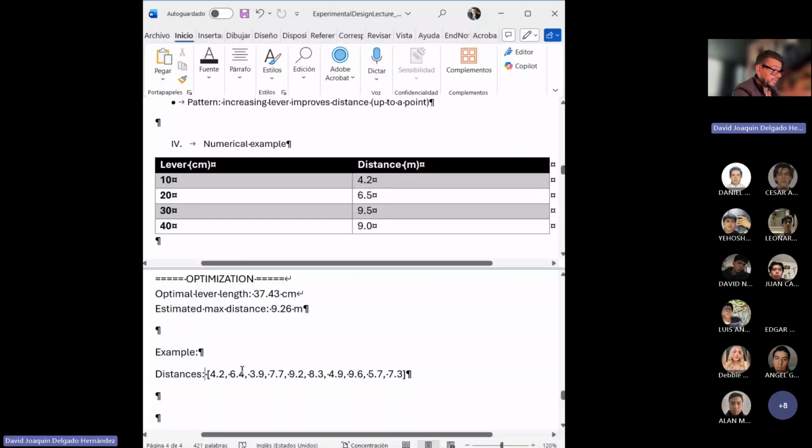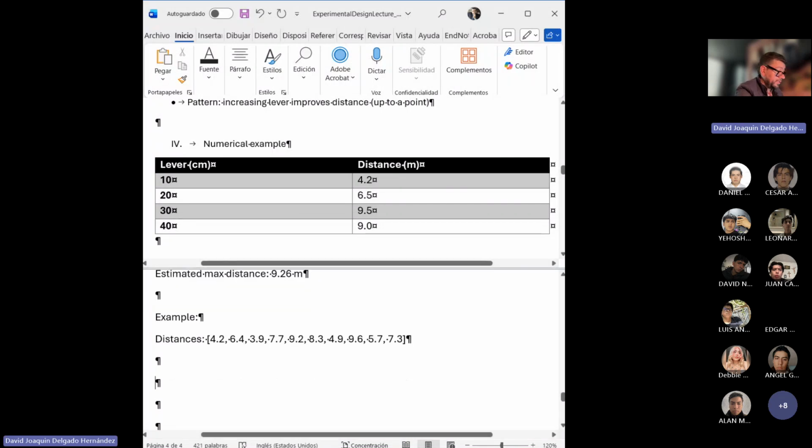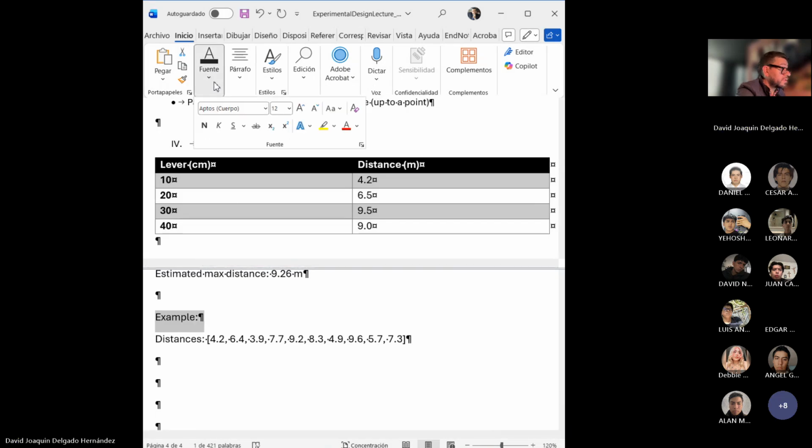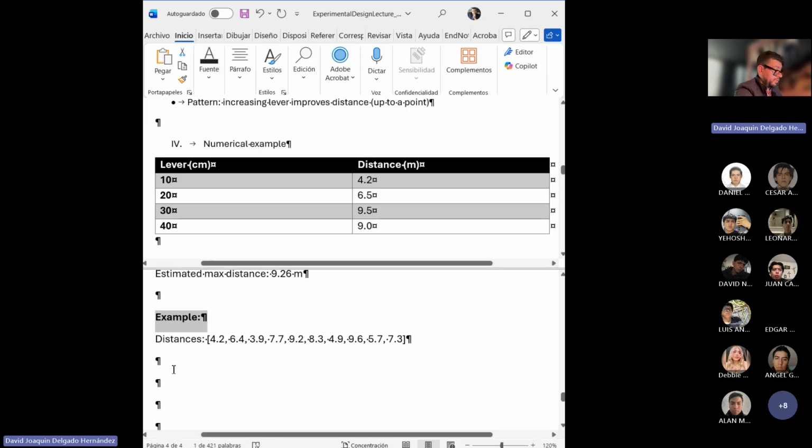Okay. Here are the distances. And I am going to put here the results. So I am going to put example. And I'm going to put here the results.